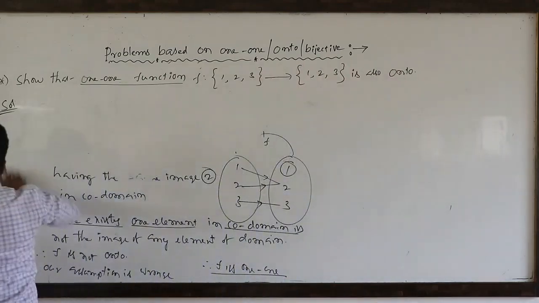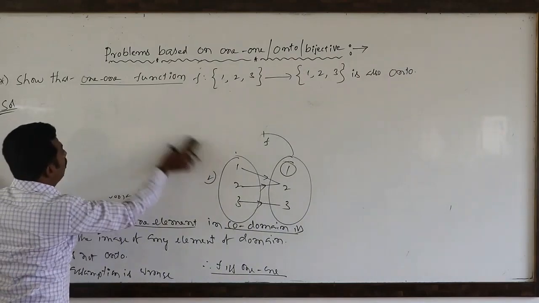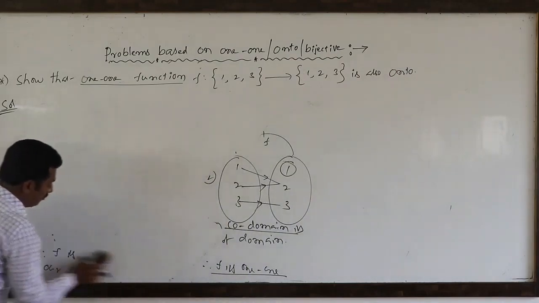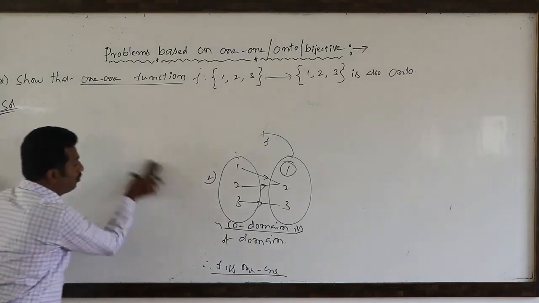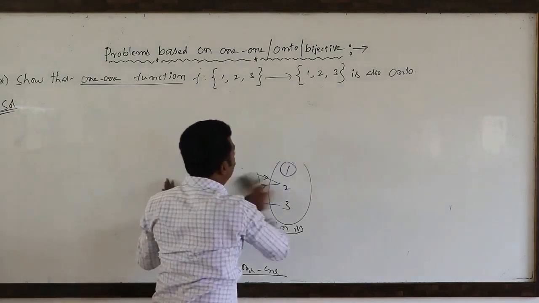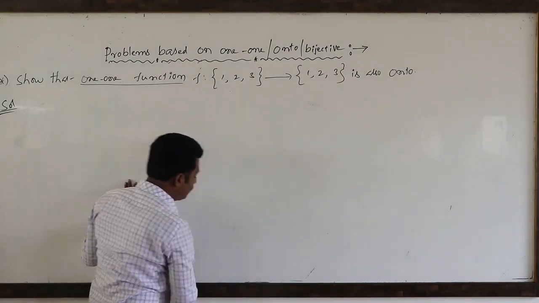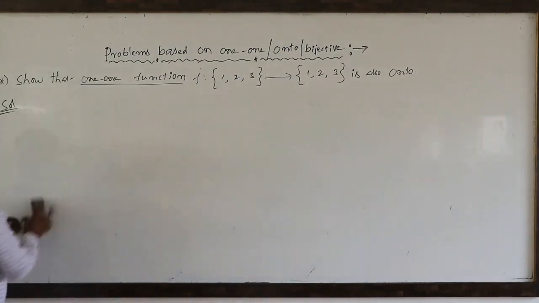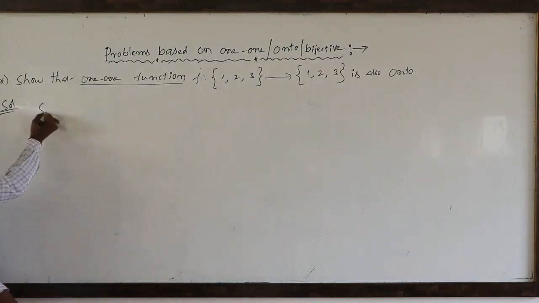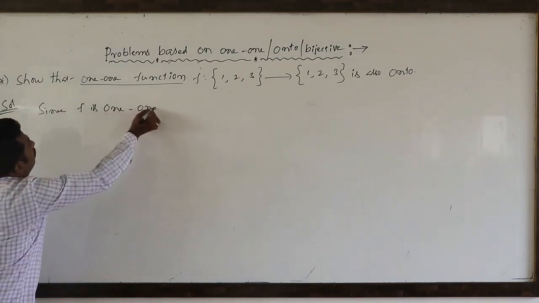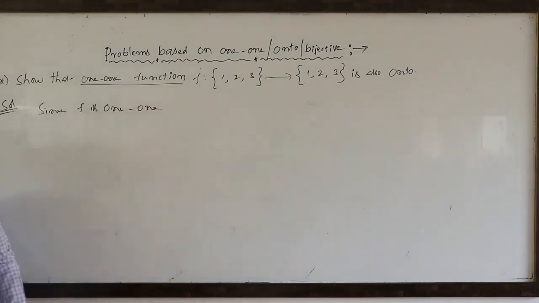So to prove this function is onto or not, we have to prove that all the elements of the codomain are the images of some of the elements of the domain. See, what is the given question? F is 1-1. Since f is 1-1, our assumption.